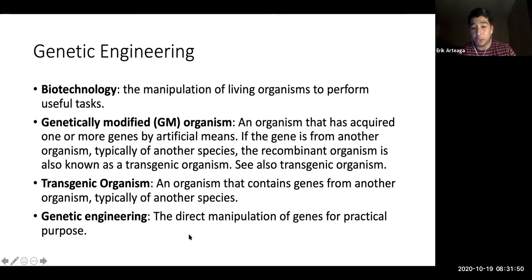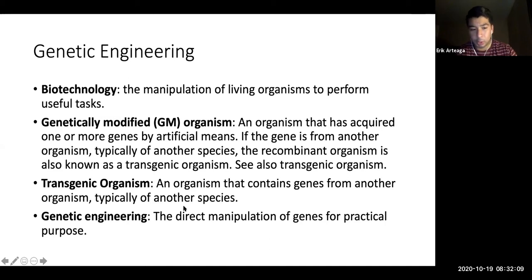We also have genetic engineering, or the direct manipulation of genes for practical purposes. And we do see this quite often now. I performed some genetic engineering for my graduate thesis project. It can be splicing or changing certain genes within a cell, okay?